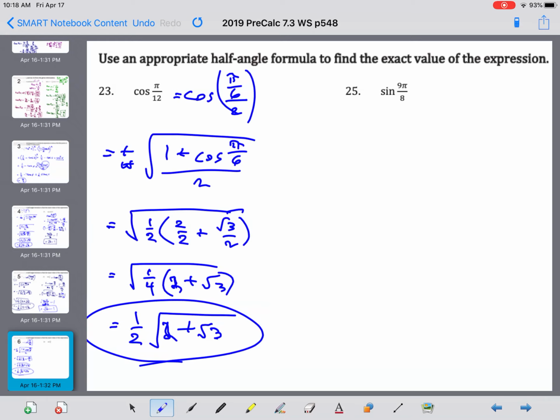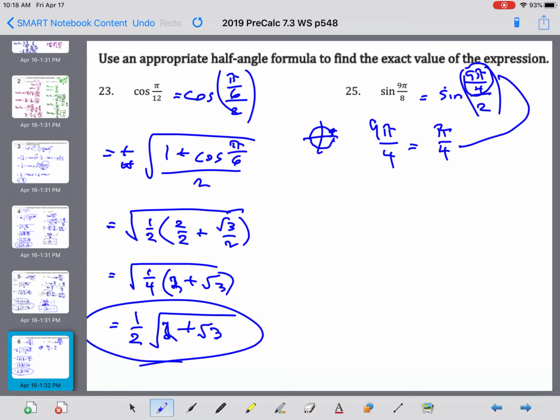Finally, this one here, I'm going to rewrite as 9 pi over 4 divided by 2. That 9 pi over 4 is actually the same as pi over 4 because we're going around the unit circle: 4 pi over 4, another 4 pi over 4, plus another pi over 4. So I'm going to replace it here.